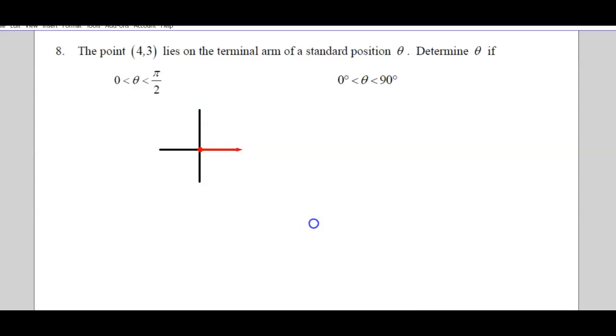Okay, point (4, 3). So that's kind of obvious that it would be in that quadrant anyway. So for (4, 3) would be probably something like that. So this will be 4, this will be 3.